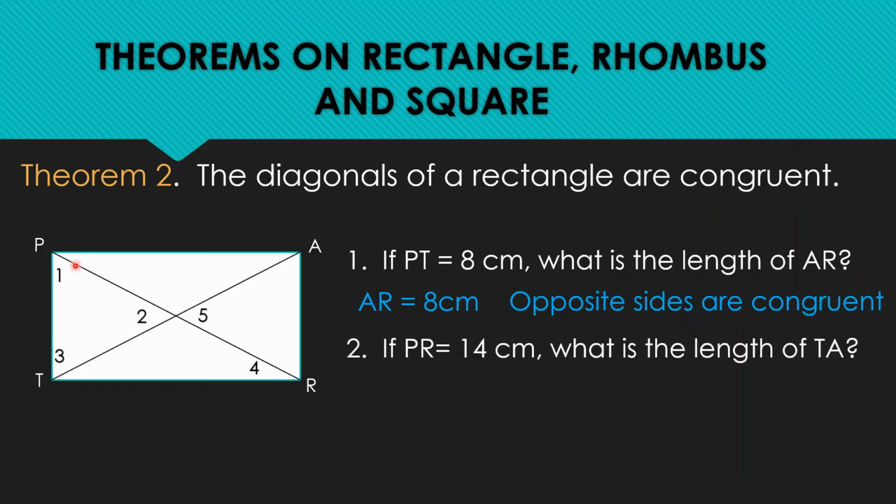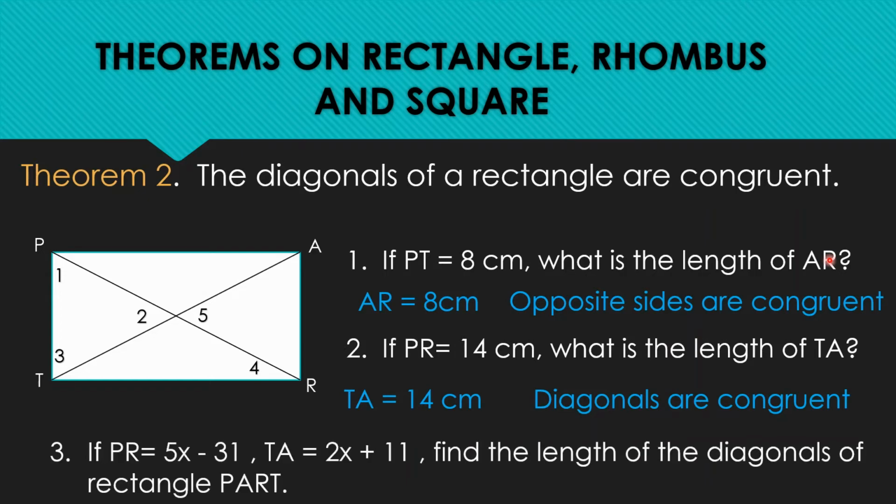Number 2: if the diagonal PR is equal to 14 centimeters, what is the length of the other diagonal, segment TA? The answer is TA is also equal to 14 centimeters, because our theorem says diagonals are congruent.